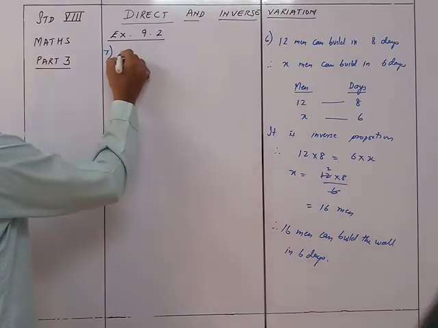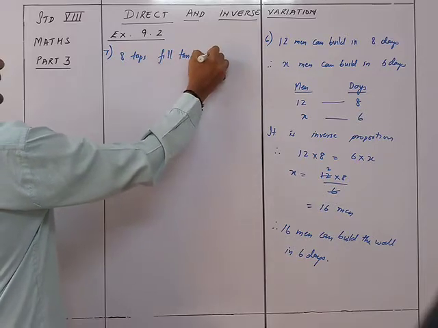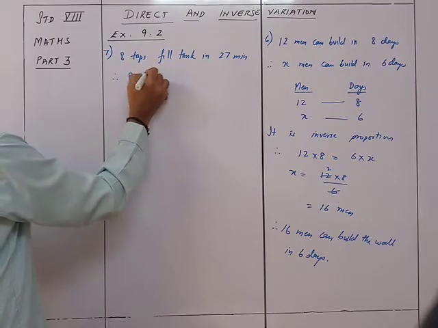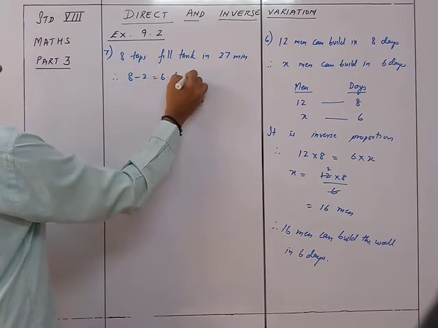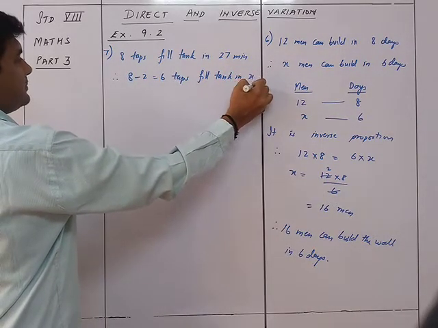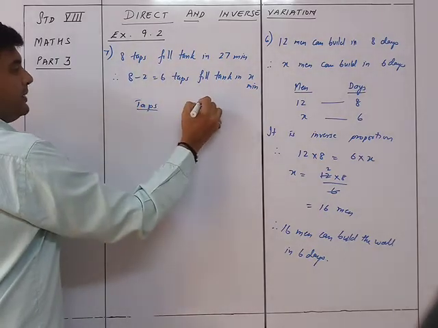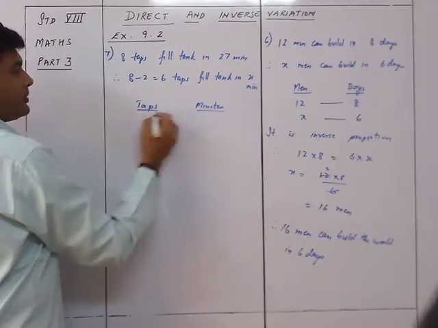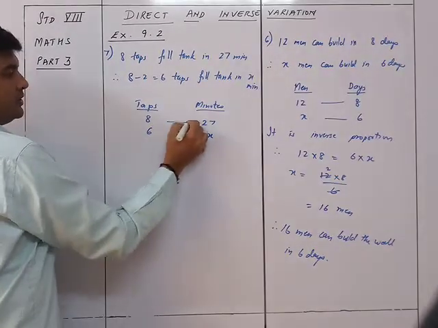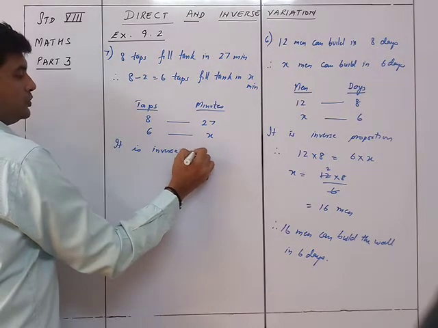We have over here 8 taps fill the tank in 27 minutes. Therefore, 8 minus 2, which is 6 taps, fill the tank in X minutes. So you get taps and minutes. Taps 8, minutes 27. Taps 6, and X. It is inverse proportion.